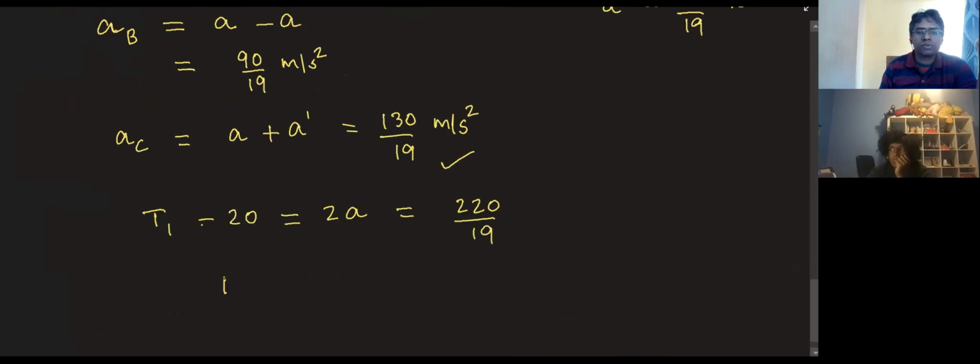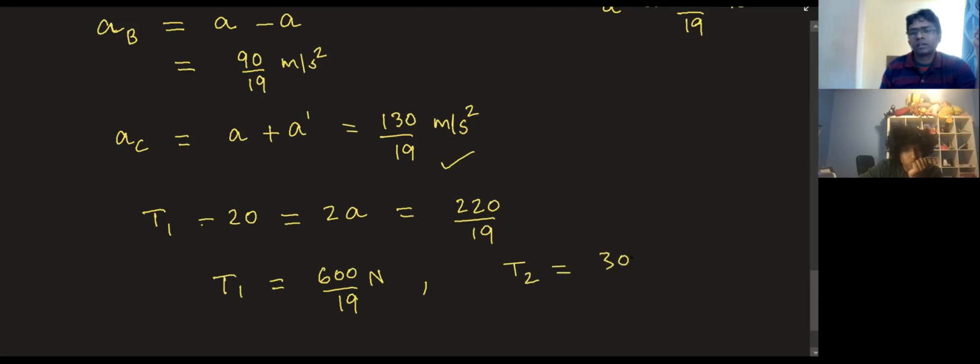So T1 would be 20 plus 220 by 19. So how much is that? Can you add those? It's like 380 plus 220, I think 600 by 19. Can you just check? Yeah. So T1 is coming out to be this much, and then T2 is exactly half of this. So T2 would be 300 by 19 newtons.